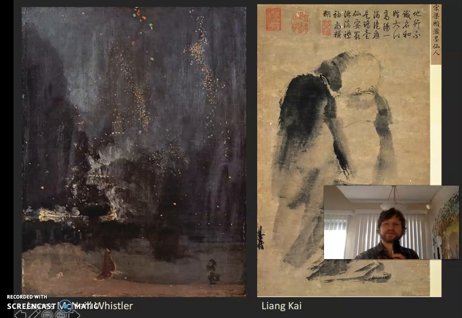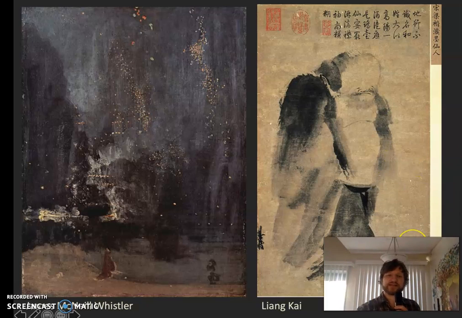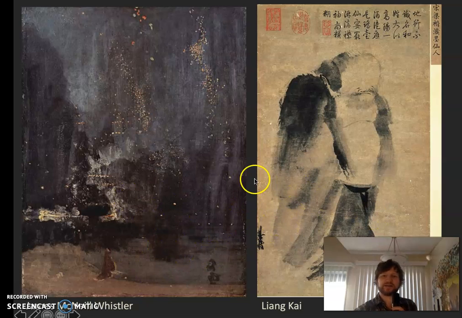So in art history, there are some pictures that stand out as being kind of turning points where art became more interested in abstraction. This is a famous James McNeill Whistler. And some art historians said, well, actually, this painting happened about 1872. And some art historians said, well, actually, in Chinese art, there's been this kind of drippy painting and more abstract painting going all the way back to the 12th century.